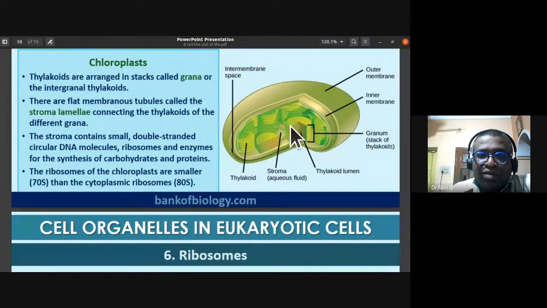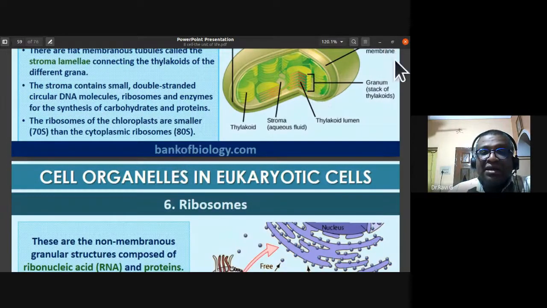What does the stroma consist of? It consists of a double-stranded circular DNA molecule. They also have ribosomes of 70S type, and the enzymes required for the synthesis of carbohydrates and proteins are found in the stroma of this chloroplast. The ribosomes of the chloroplast are smaller, 70S, whereas the cytoplasmic ribosome would be 80S, because chloroplasts are found only in eukaryotic cells, especially eukaryotic plant cells.